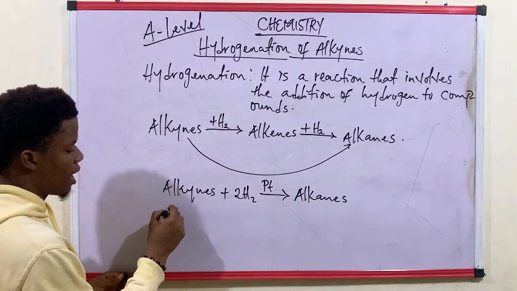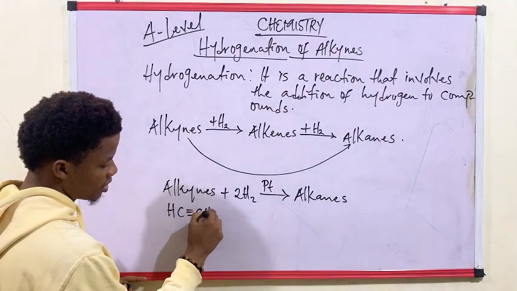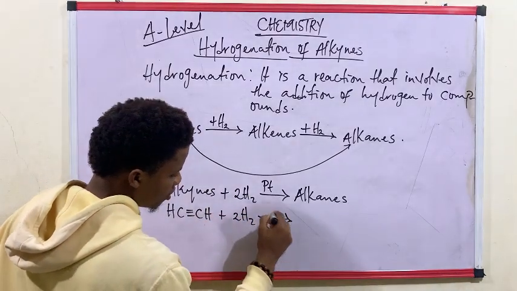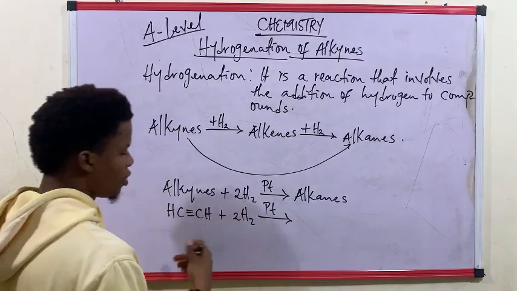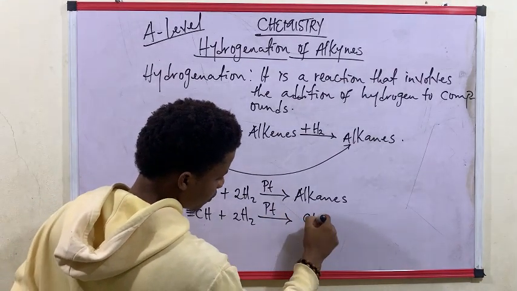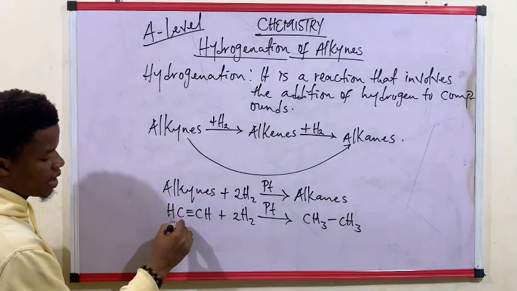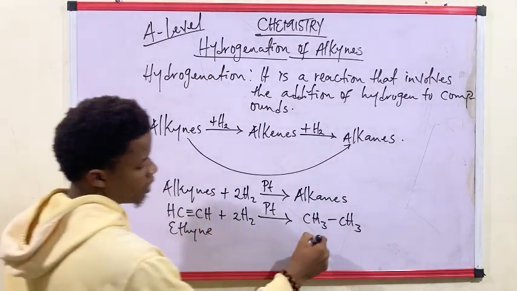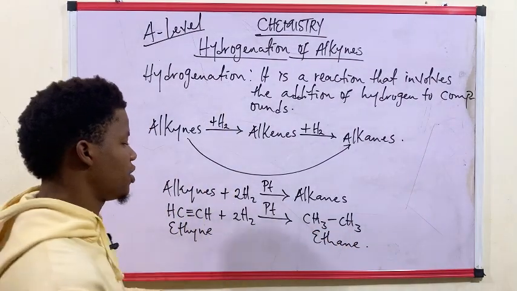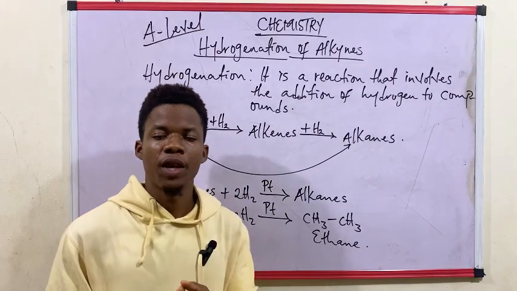So take for example, we have ethyne. Under uncontrolled hydrogenation in the presence of platinum, what are we going to get? We're going to get the alkane CH3CH3. So ethyne was converted to what? Ethane.